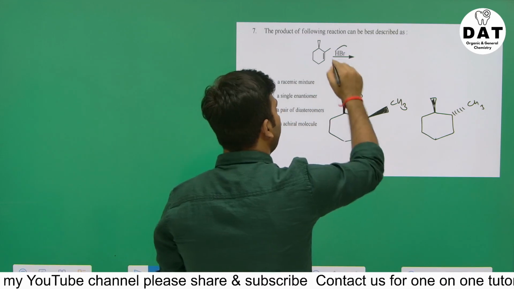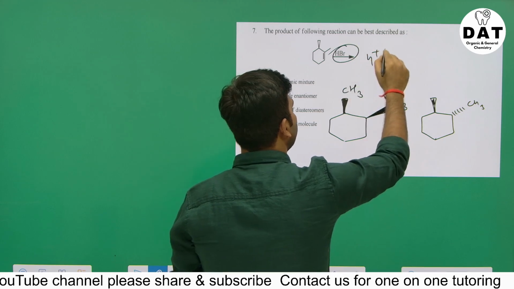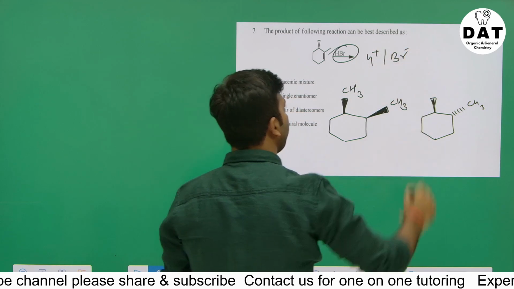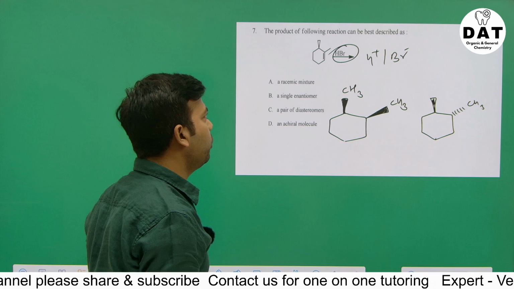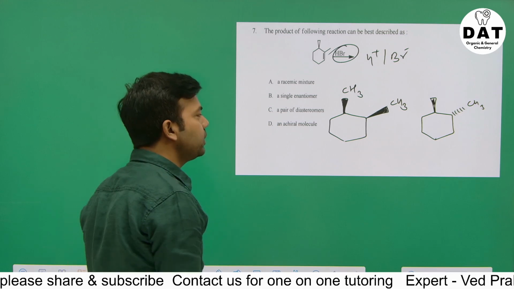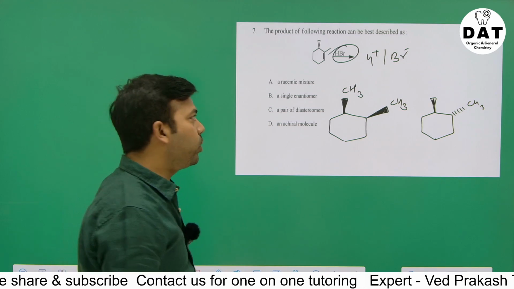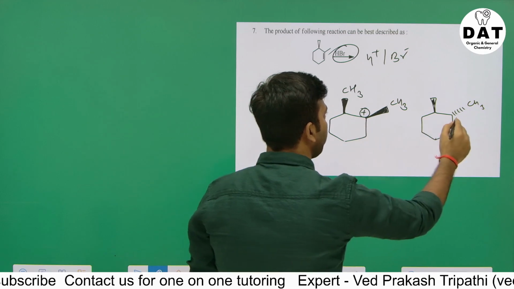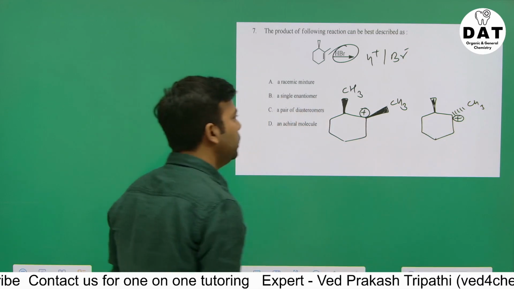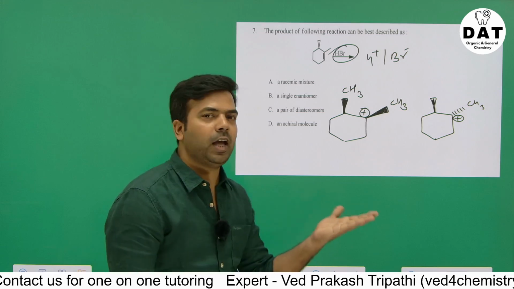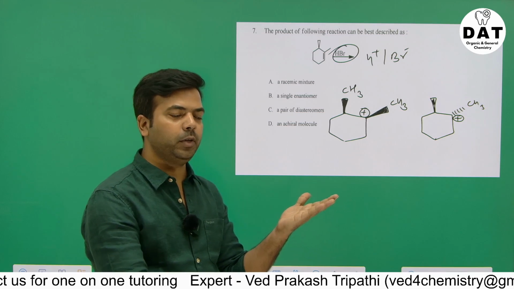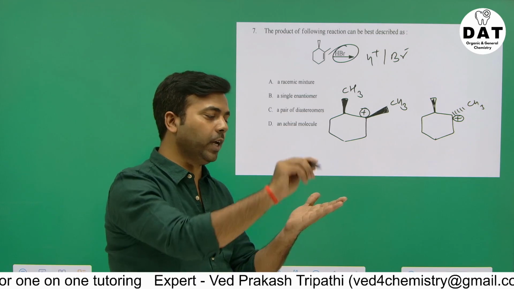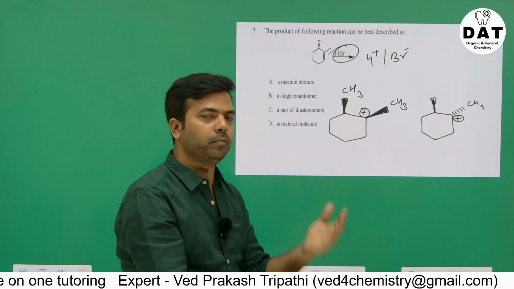Now HBr breaks down into H plus and Br minus. Br is a nucleophile here. The reaction is carried out with the carbocation intermediate. Here you have a carbocation. Can you see? This carbocation is planar. So the nucleophile has the possibility of attack. It can be either top, it can be either bottom.